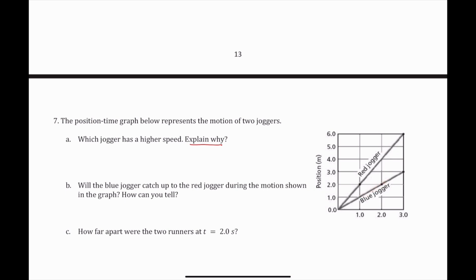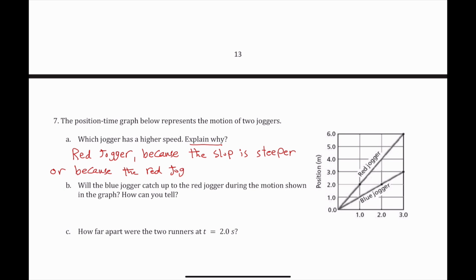So we choose the red jogger, because the slope is steeper, or because the red jogger covers more distance in less time.